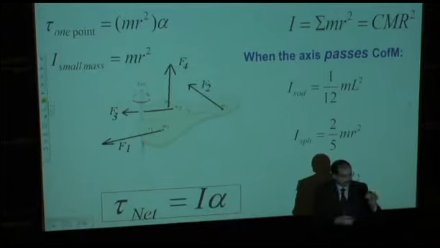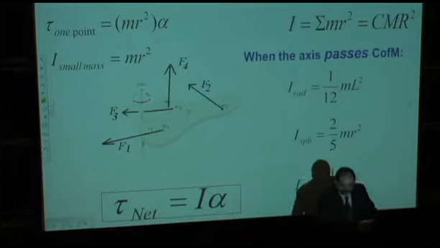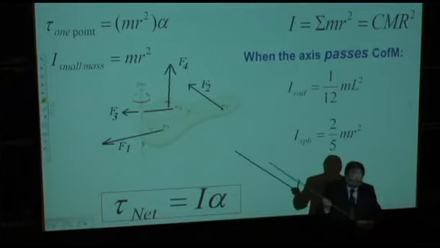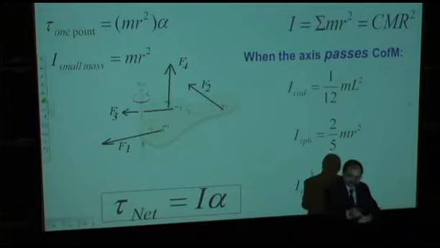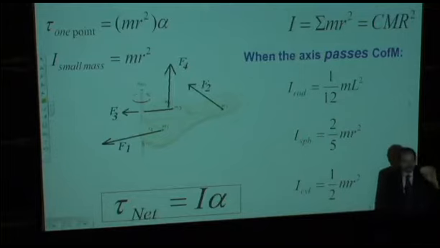For this object, the moment of inertia relative to the axis which is perpendicular to the face and travels through the center point, so imagine this is the axis, it should go like this. Relative to this axis, the moment of inertia equals 1/2 times the mass times the radius squared.